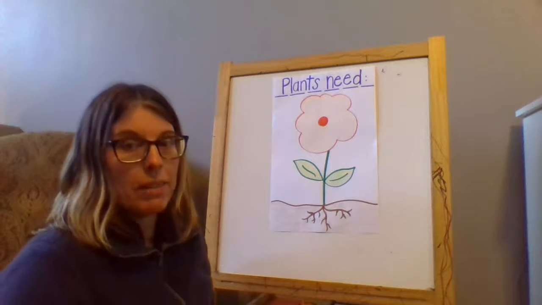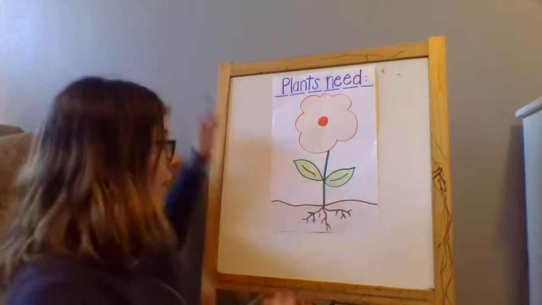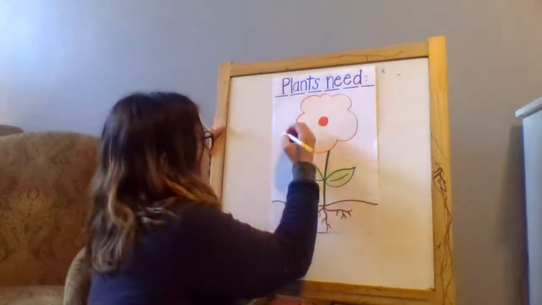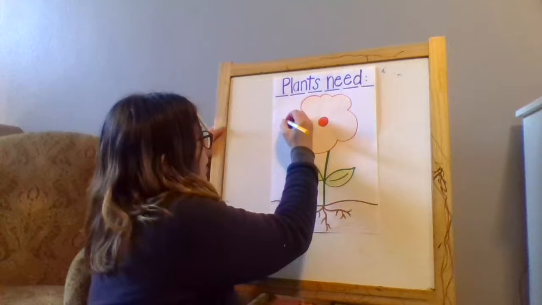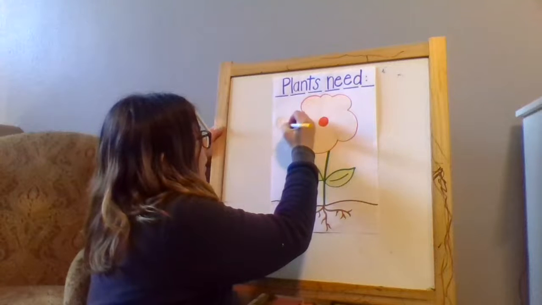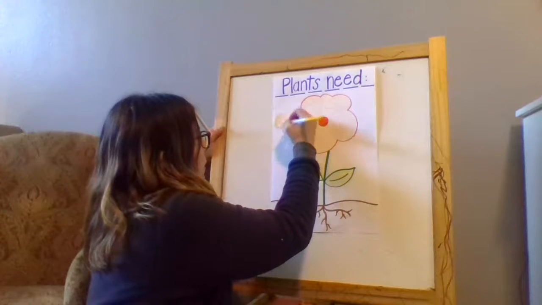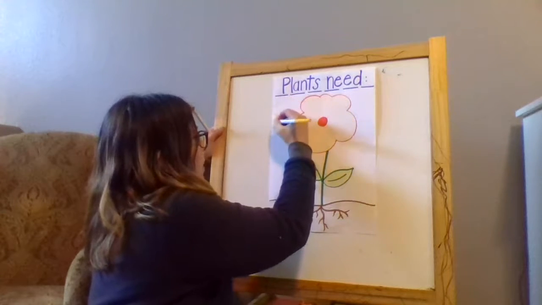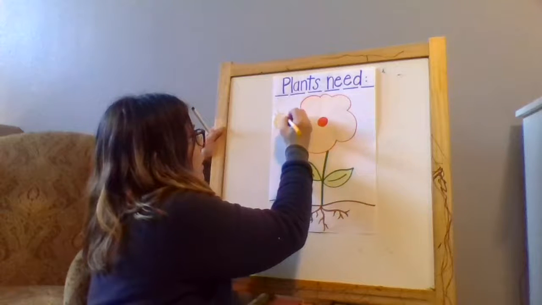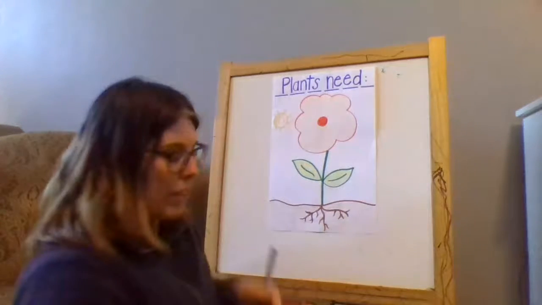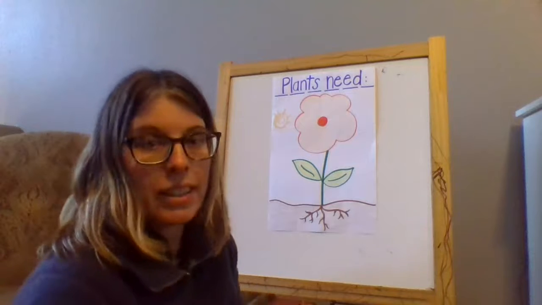So, plants need sunlight. So I'm going to draw the sun up here. Okay. So we're going to draw the sun. And we're going to label it sunlight.